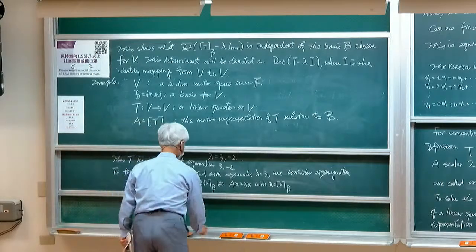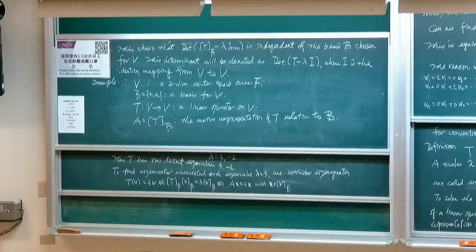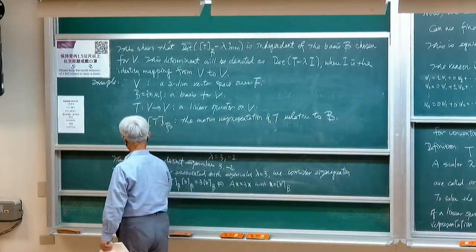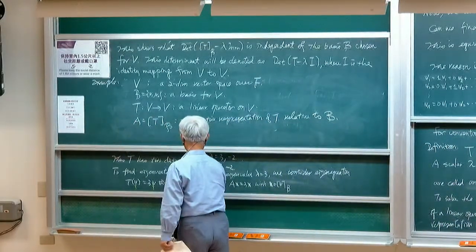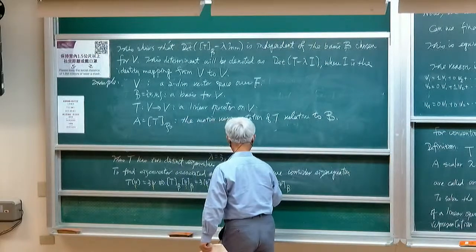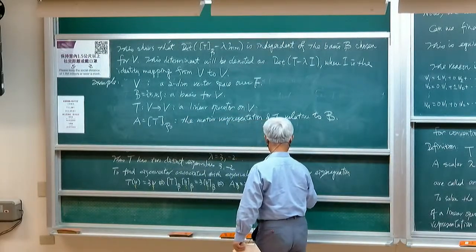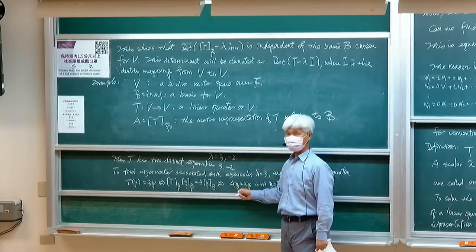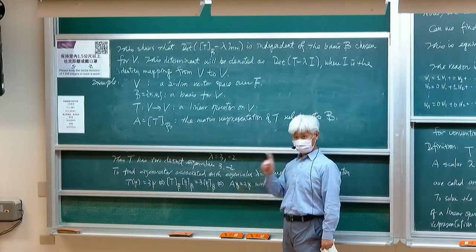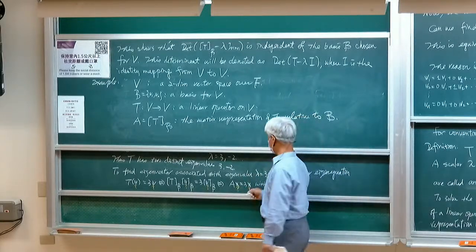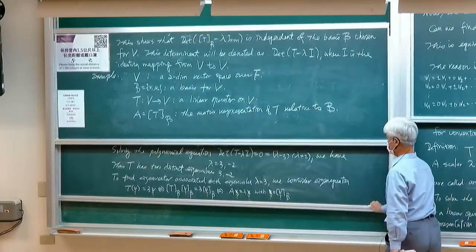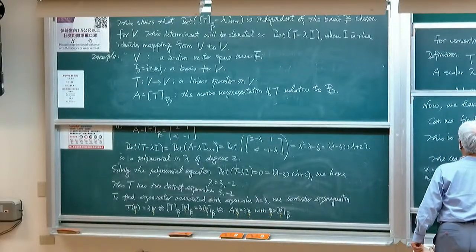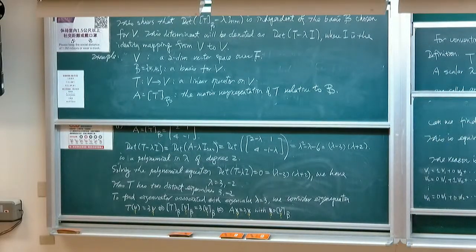Okay, so now V is unknown. So x is unknown here. But this is what we have learned in chapter 1 at the beginning of the semester. Okay? So we have the ability to solve this matrix equation.